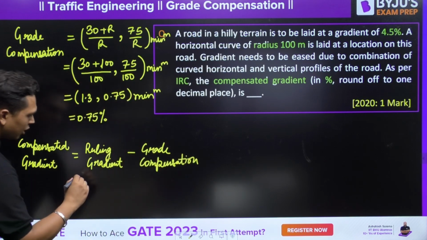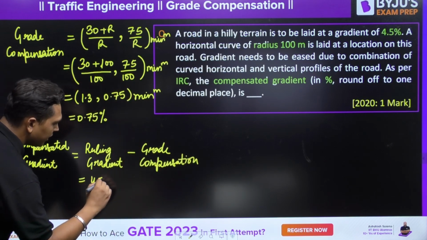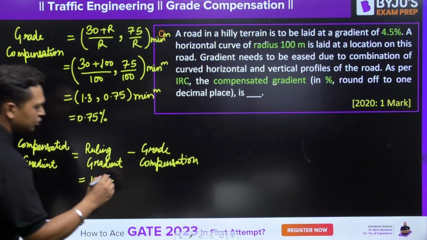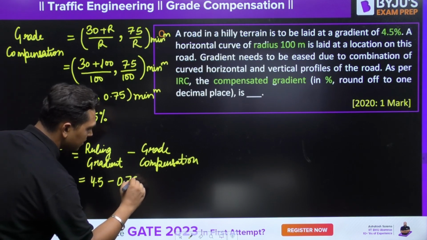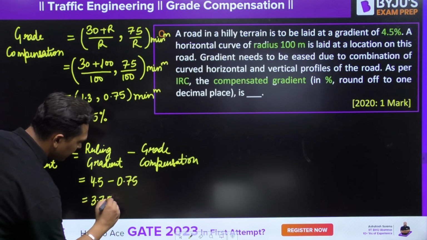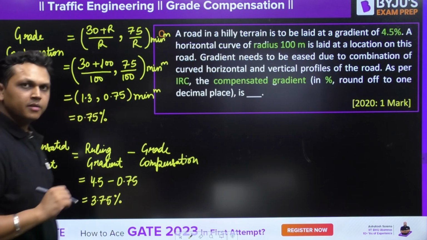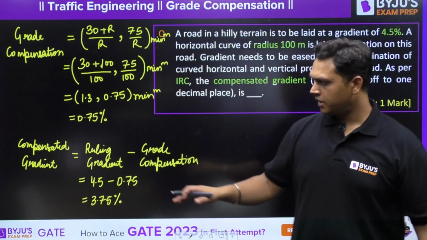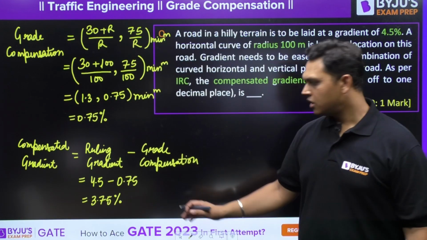Ruling gradient is 4.5% minus grade compensation 0.75%, which comes out to be 3.75%. Is this value okay? No.